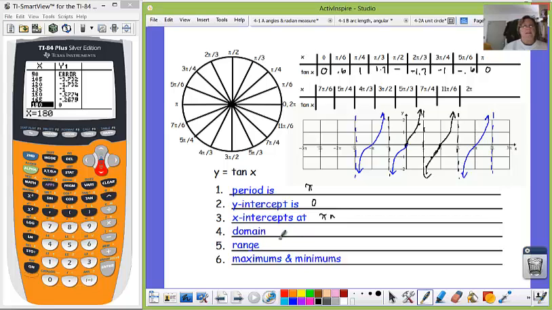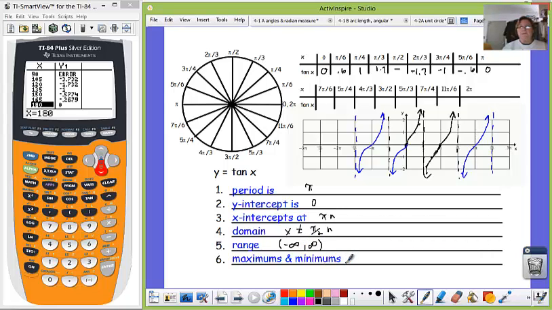The domain is not all real numbers because multiples of pi halves are excluded. So x cannot equal any multiple of pi halves. The range on this function can go from negative infinity to infinity. So the domain and range criteria are way different for this than for sine and cosine.